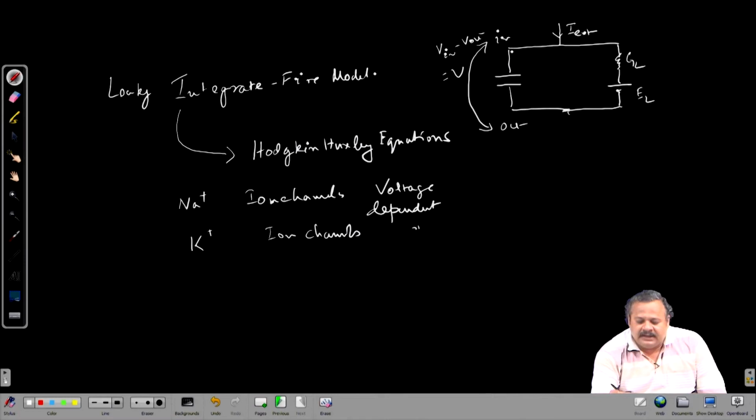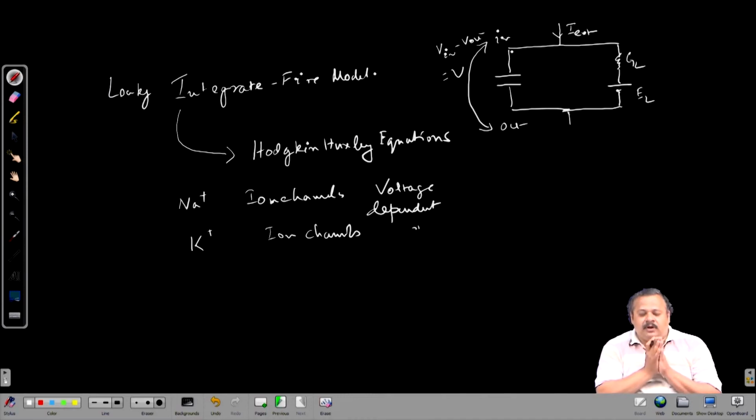Now, we had said that the path of current is across the membrane, and so that is why we have the G leak and E leak in parallel to the capacitor. And now we also know that the voltage gated sodium channels and the voltage dependent potassium channels are also transmembrane proteins.